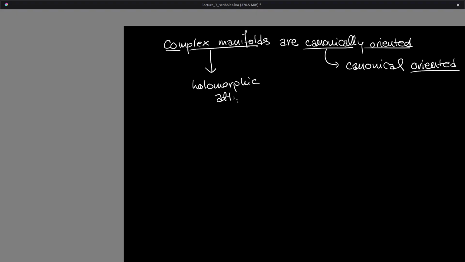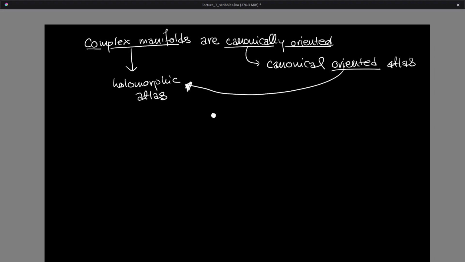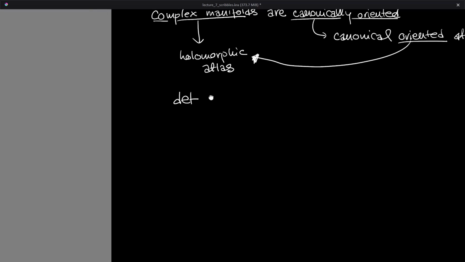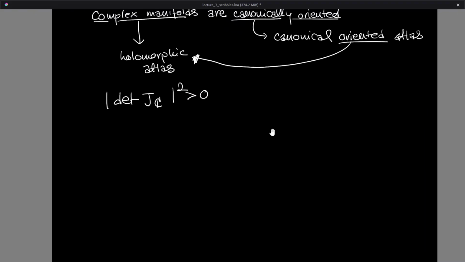The other way you can think about this is that holomorphic atlases are always oriented, because we know that det J_C squared is greater than 0. So that's the idea here.